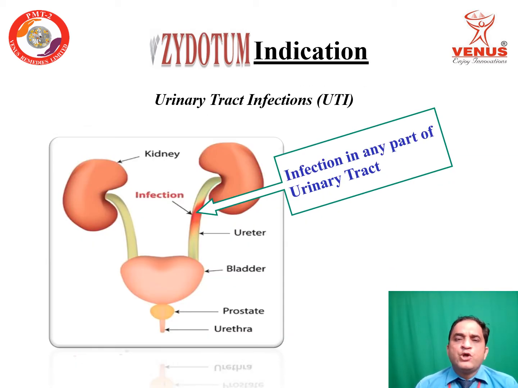The next one is urinary tract infection. Infection in any organ of the urinary tract, which includes kidney, ureter, bladder, prostate, and urethra, is called urinary tract infection.